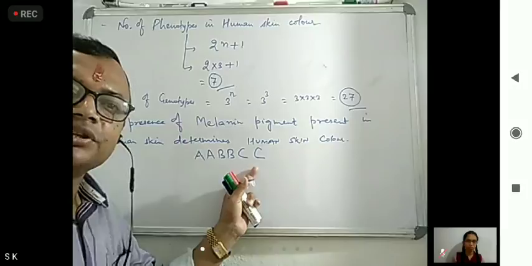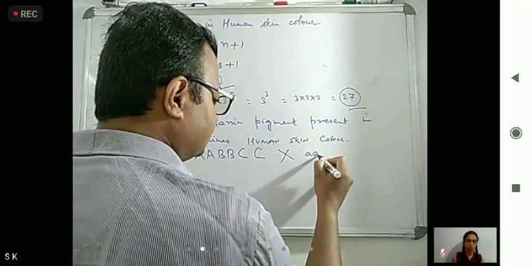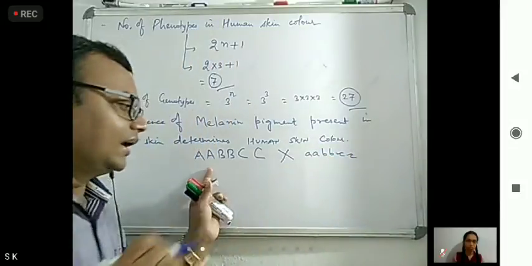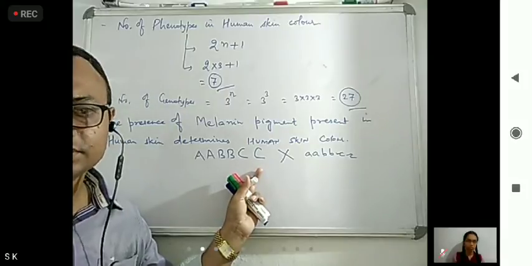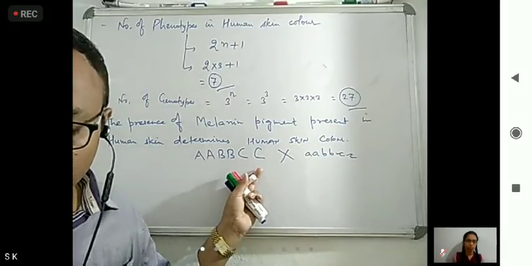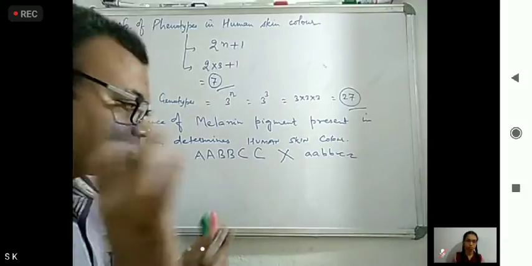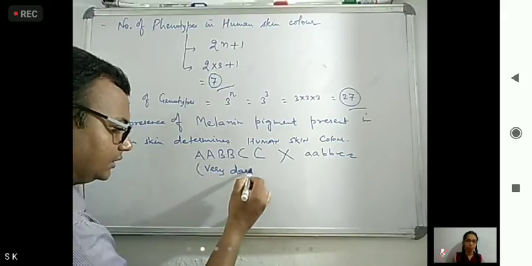Here three gene pairs are crossed with small a, small a, small b, small b, small c, small c. Now the three gene pairs are all dominant, so this will be very dark.